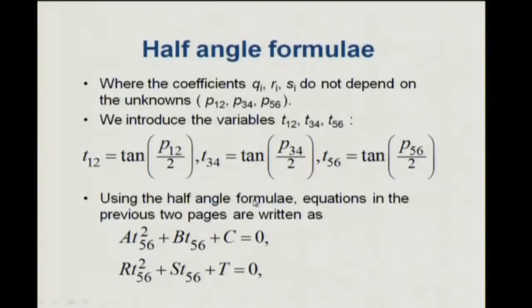Now, we already discussed that we are doing this half angle substitution because sines and cosines are very closely related. If you use the half angle formula, it becomes an expression in terms of T12 and an expression involving the square of T12. Do you remember what cos theta is in terms of tan theta by 2?